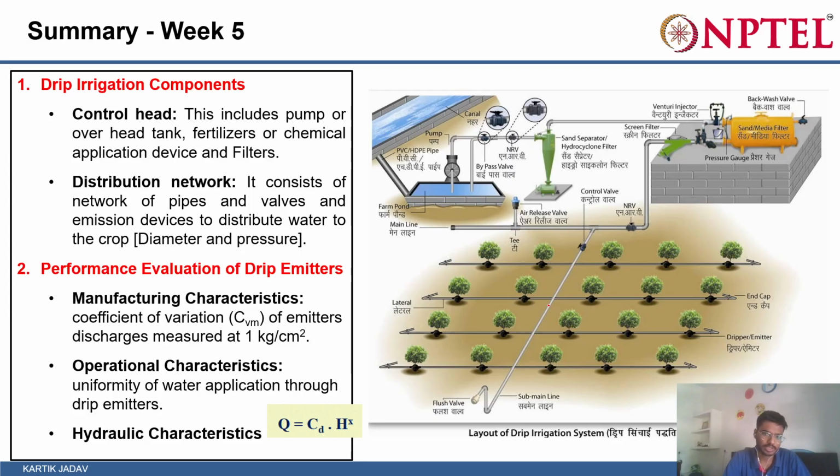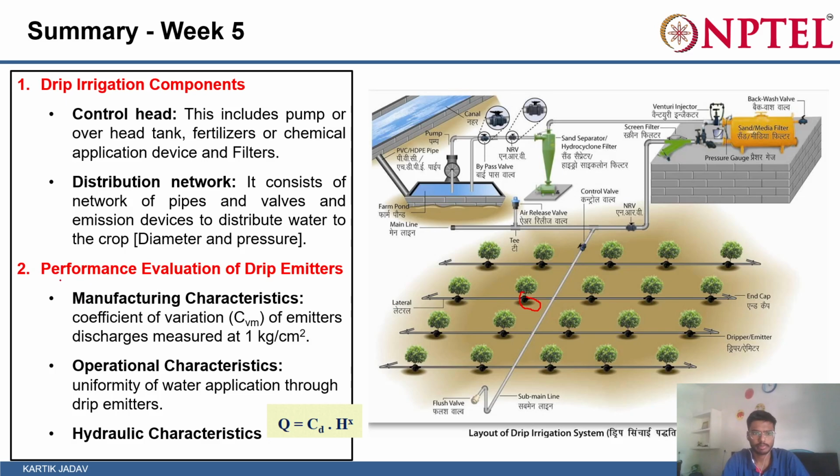Emitters are basically the final unit where water comes out, and they have a specific discharge based on the crop water requirement at a particular crop stage. So this emitter plays a very crucial role at the end.